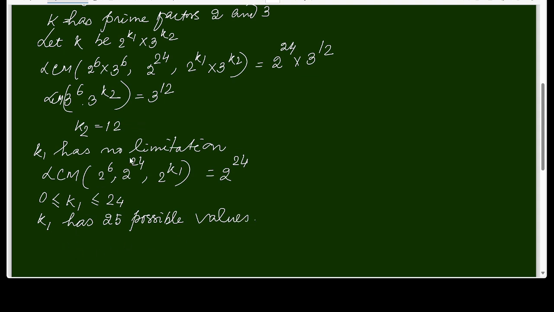k2 has only one value. k1 has 25 values. So the total possible values of k is 25 into 1, that will be 25 values.